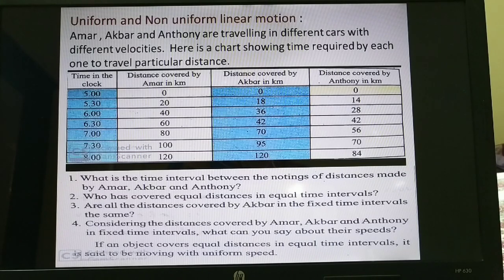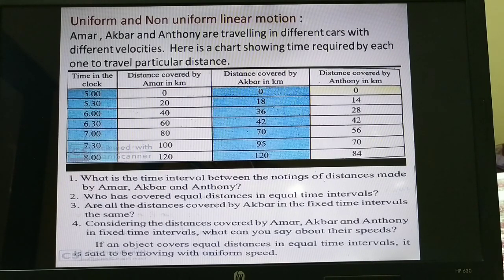That means he moved 20 kilometers every half an hour. That means he has maintained uniform speed. So what is uniform motion? The object which covers equal distance in equal time intervals. That type of motion is said to be uniform motion.